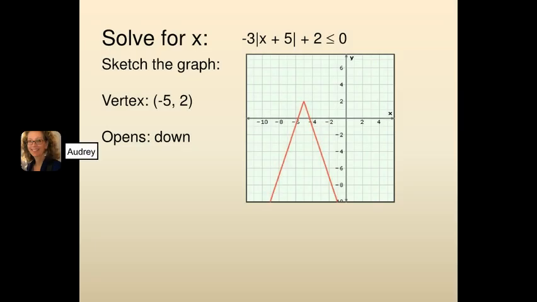Like I said, a sketch is good enough. All I really need you to put on your graph is where the vertex is and which way it opens, so that you can decide where you're looking for the solution. Are you looking above the x-axis or below? Well, since it's less than, it's below.